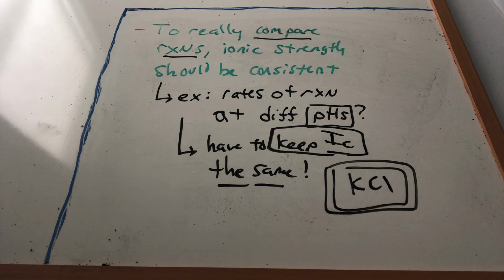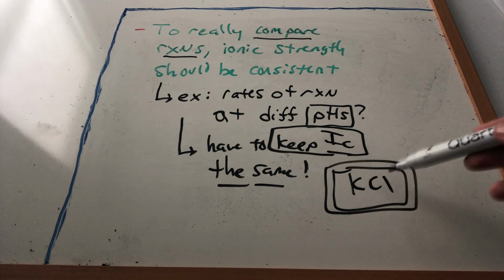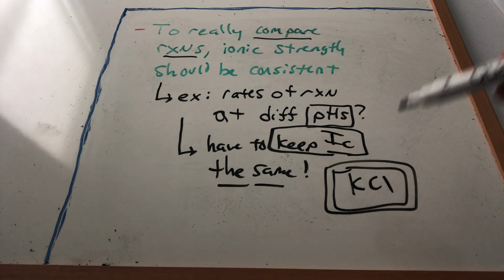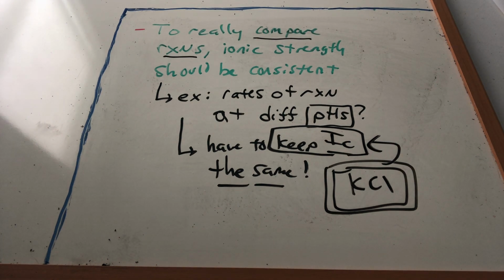Whenever they set up a reaction solution to monitor the kinetics of that experiment, they make sure that IC is consistent. Something like KCl is not going to be involved in a reaction, but what does it do? It gives us pluses and minuses that keep the concentration of pluses and minuses the same. So it's something that definitely needs to be considered when you look at reactions.